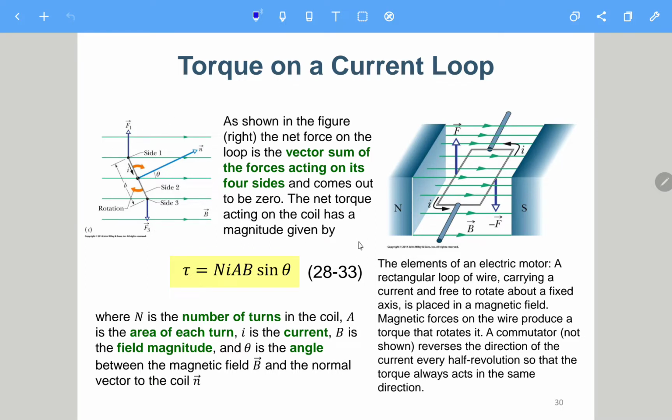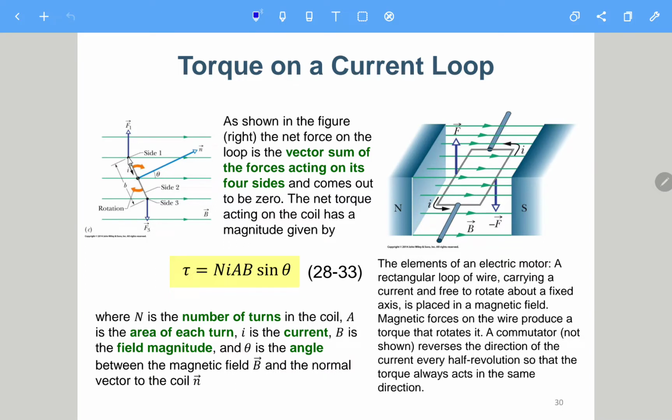So this is a cross section of this figure. You can see this is the axis, and this is the loop. Suppose this is counterclockwise, and this is one of the lines.